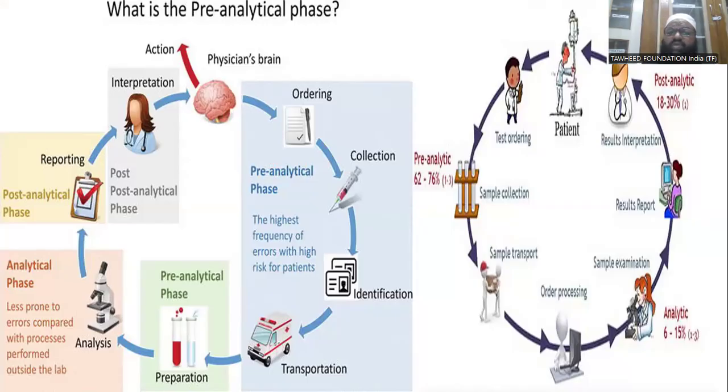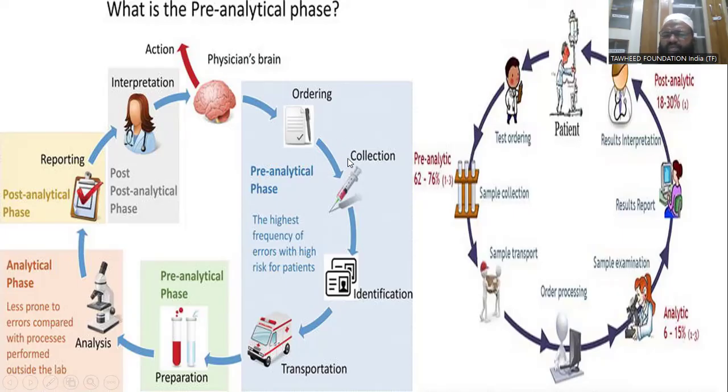First, the patient goes to the physician, and the physician needs a diagnosis. He may think of a few diseases or abnormalities in the patient, and he orders investigations. Once the patient reaches the collection center, the phlebotomist counsels the patient, and after that the next step is billing.